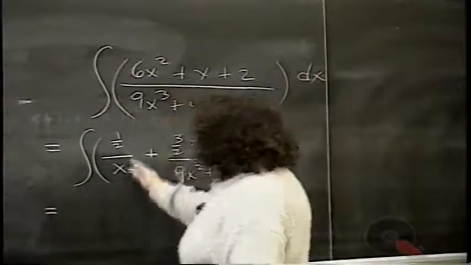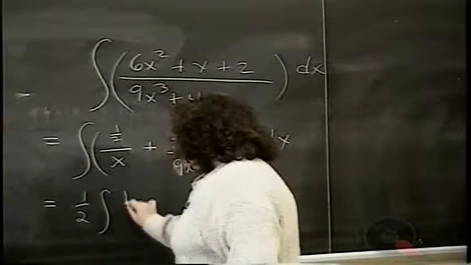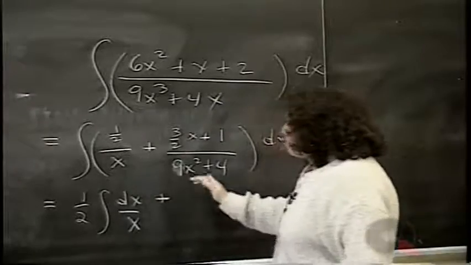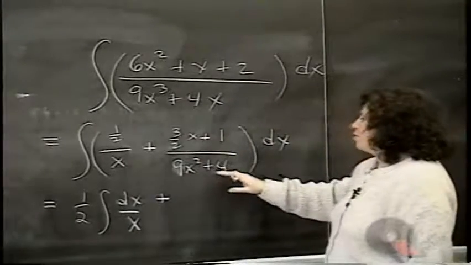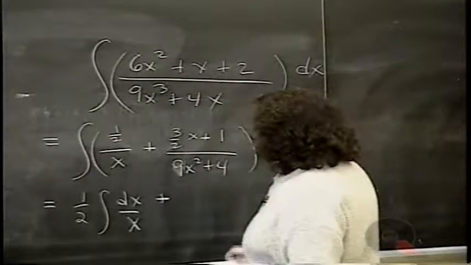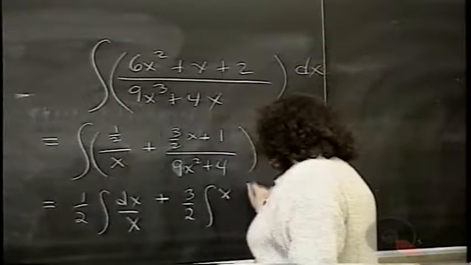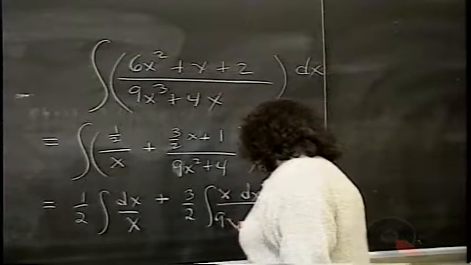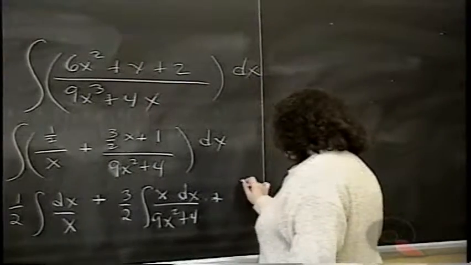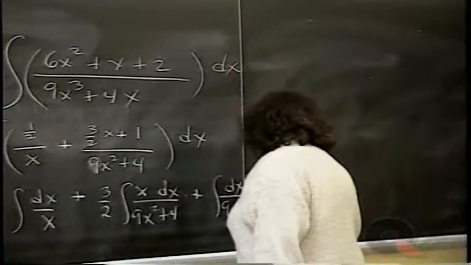I'm going to make this 1/2 the integral of dx over x plus, now here I'm going to make it 3/2 x over the 9x squared plus 4 and 1 over the 9x squared plus 4. So 3/2 x, I'll take out the 3/2, be x dx over the 9x squared plus 4, and then 1 dx over 9x squared plus 4.